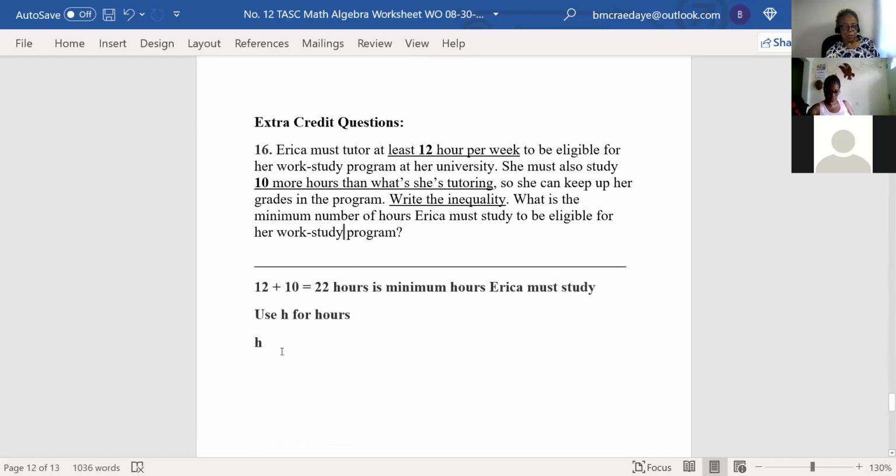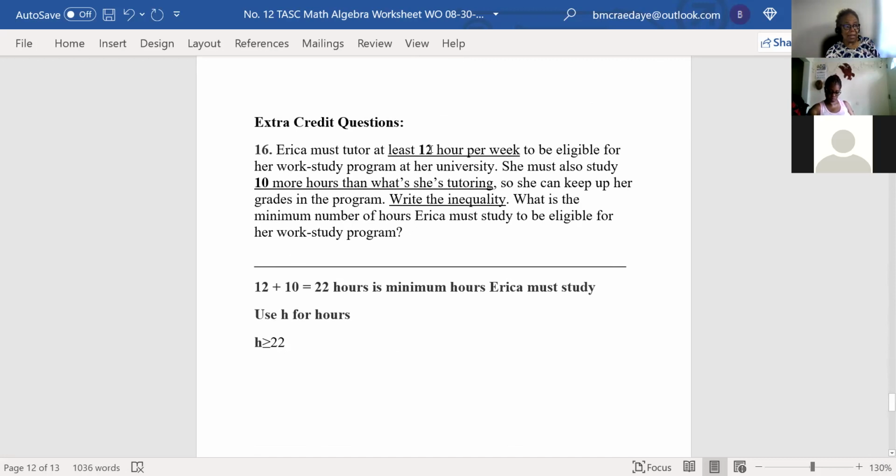So H greater than or equal, let's put that there, 22. That's the inequality. Because it says at least means greater than or equal, right? That's why we have greater than or equal.